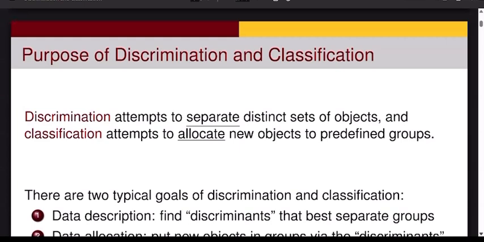Now, because of the variations that occur in the world, we are not necessarily going to be in the same class. We actually belong to different groups. Now, how do we separate the distinct set of objects, and how do we allocate a new object to a group?